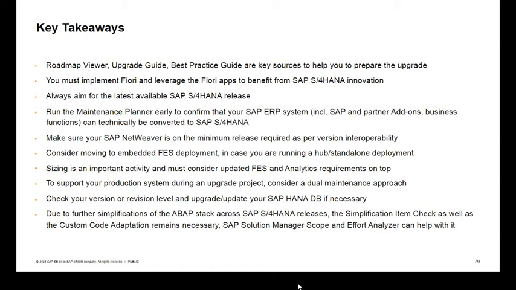And also make sure that you implement some more Fiori during the upgrade. This is key to leveraging the innovation and to make your company more efficient. It's very important. Also, we recommend that you typically aim for the latest available S/4HANA release. There's no need to go for a release minus one.